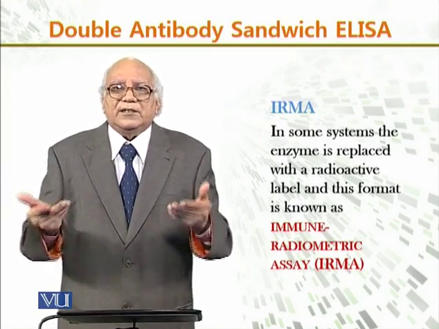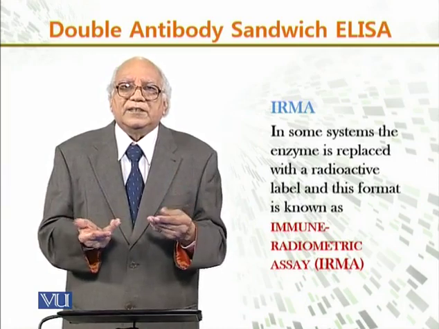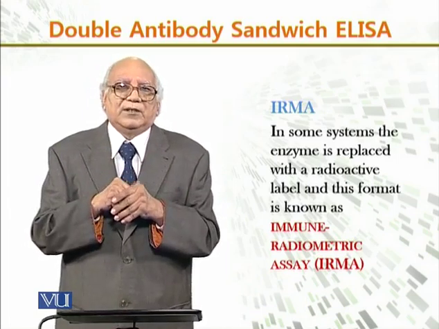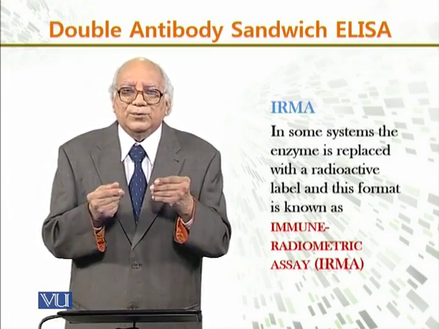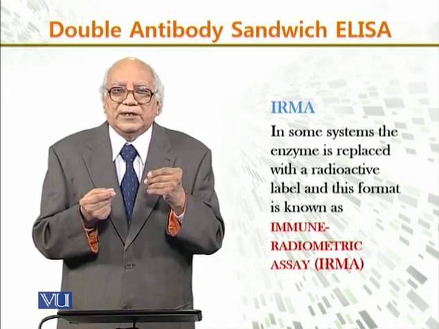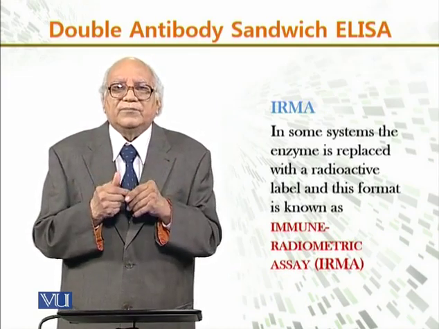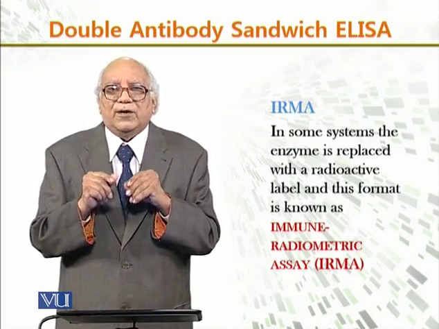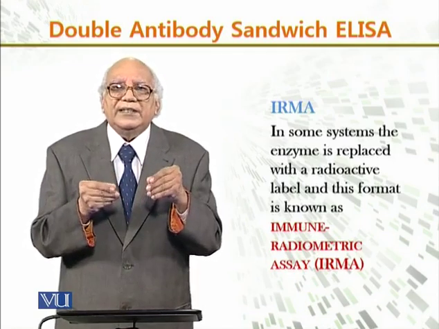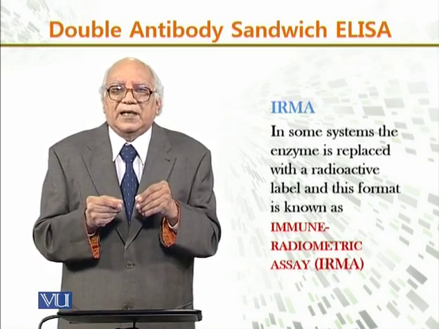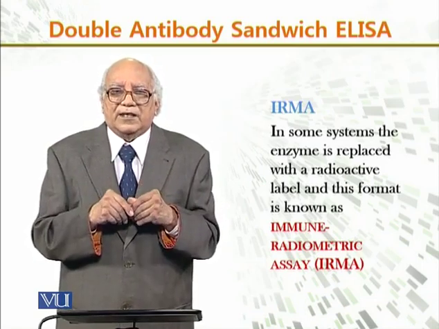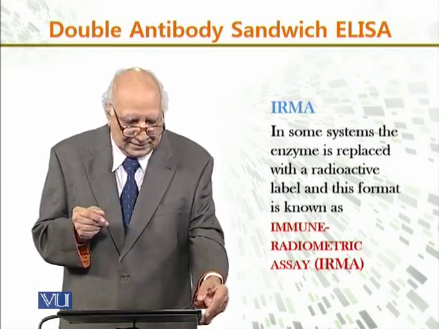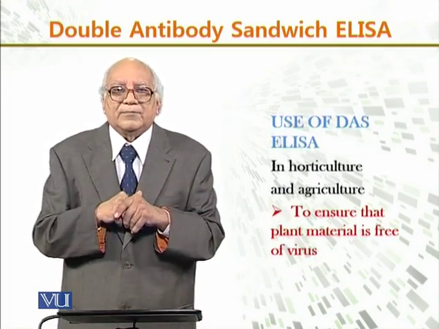Another very precisely determined thing is radioactivity. So we can replace the enzyme with a radioactivity label, and this format is known as IRMA, the immune radiometric assay method, and it is very, very precise.